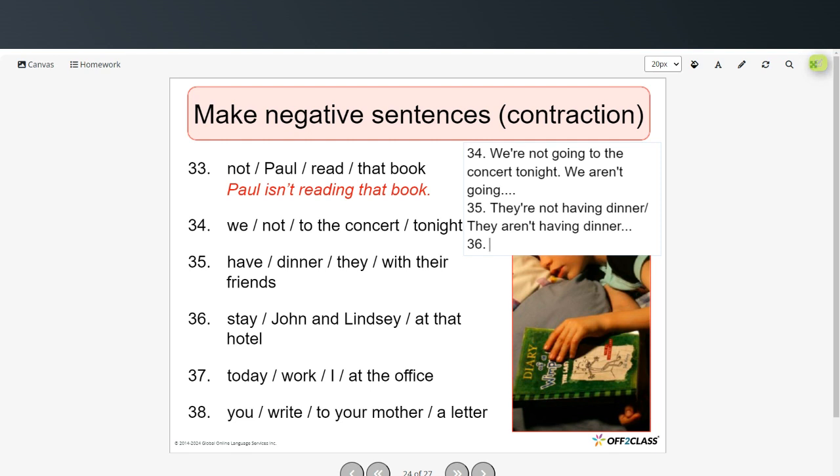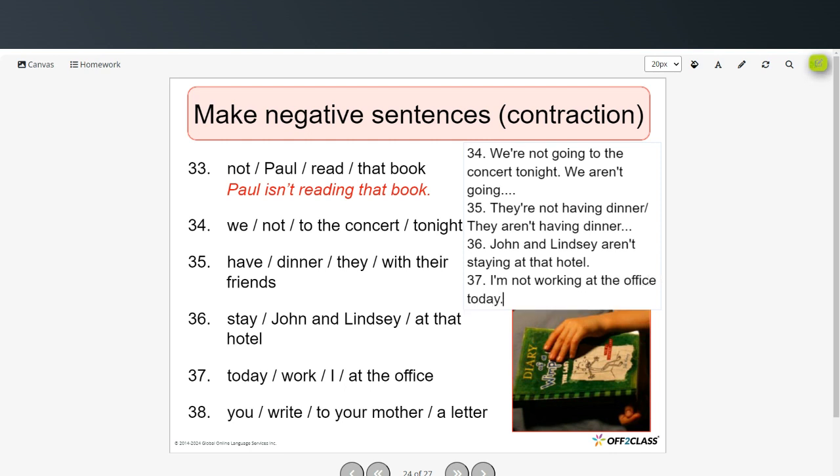Stay John and Lindsay at that hotel. So John and Lindsay aren't staying at that hotel. Today work I at the office. So I'm not working at the office today.